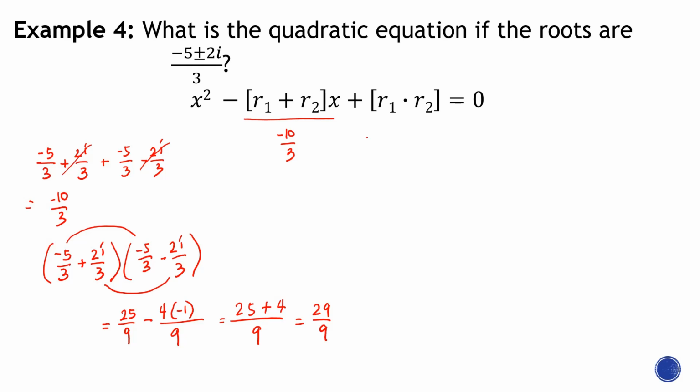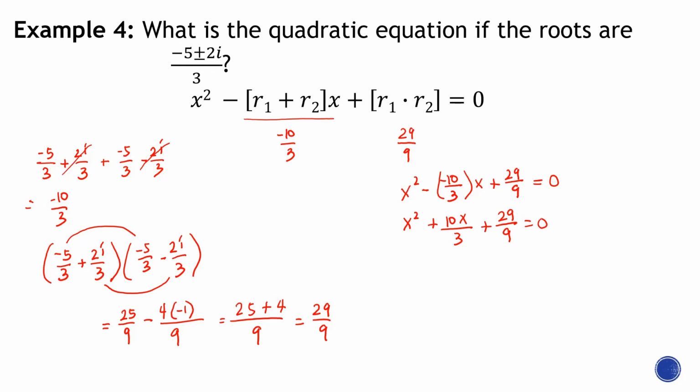Okay? So this is 29 over 9, which means that our answer should be x squared minus negative 10 over 3 x plus 29 over 9 equals 0. That will be equal to x squared plus 10x over 3 plus 29 over 9 equals 0.